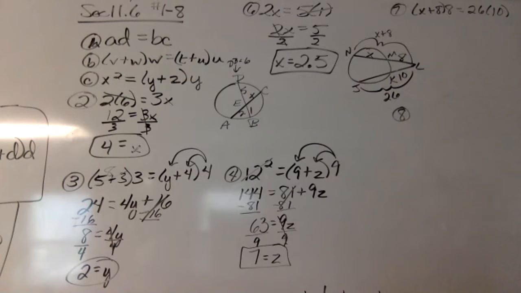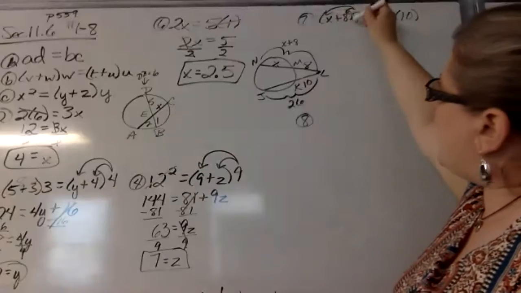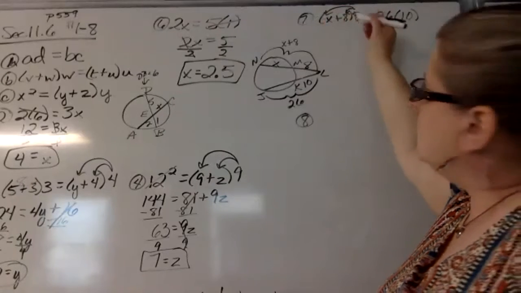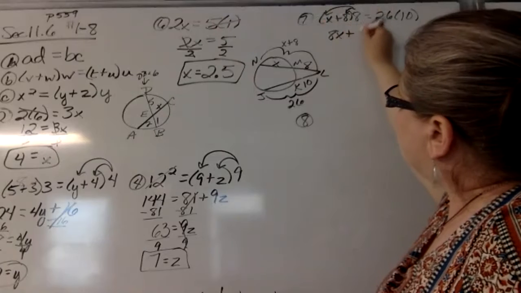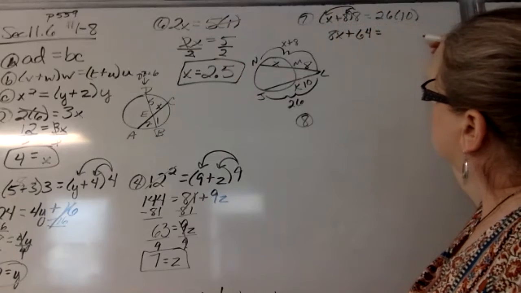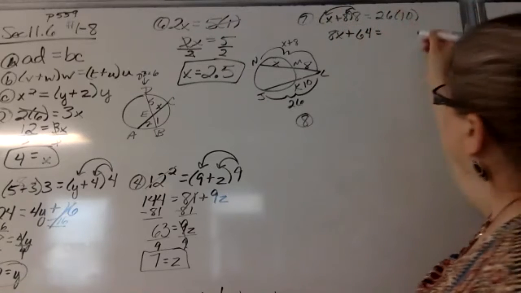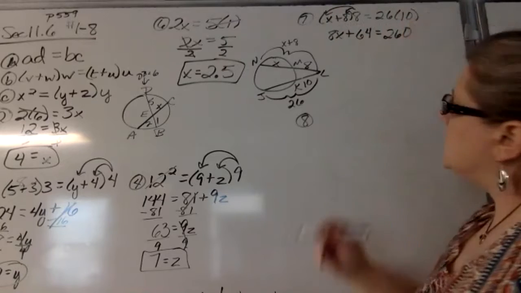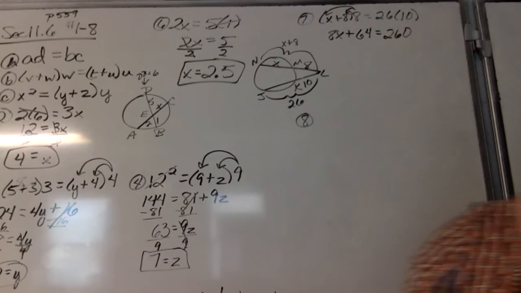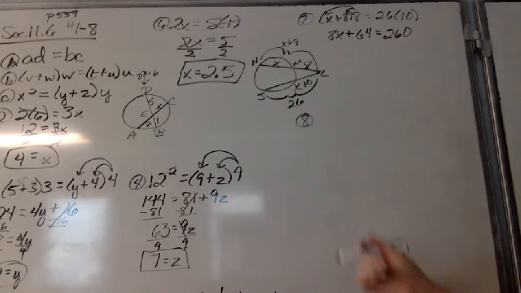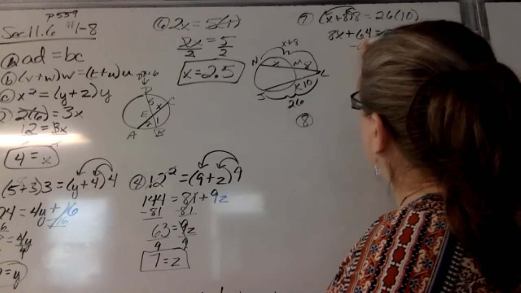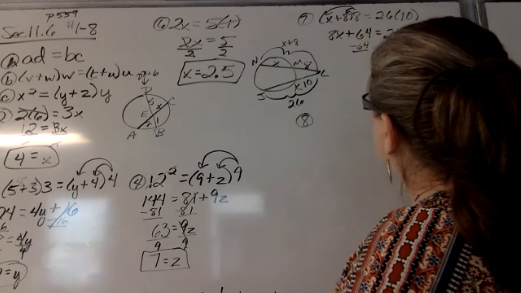So we're ready to solve when you're getting to this point. I'm going to scoot y'all over a little bit more. Okay, so hopefully you can see it up there. You've got to use the distributive property first. So 8 times x is 8x. 8 times 8 is 64. And then 26 times 10 is 260. Now, from here, our goal is to get x by itself. So I get rid of addition first by subtracting 64 on each side.